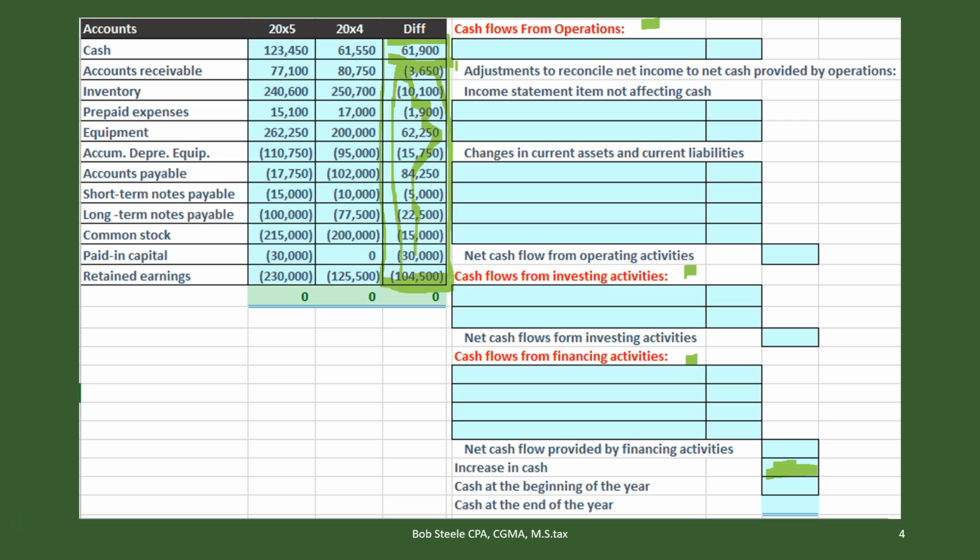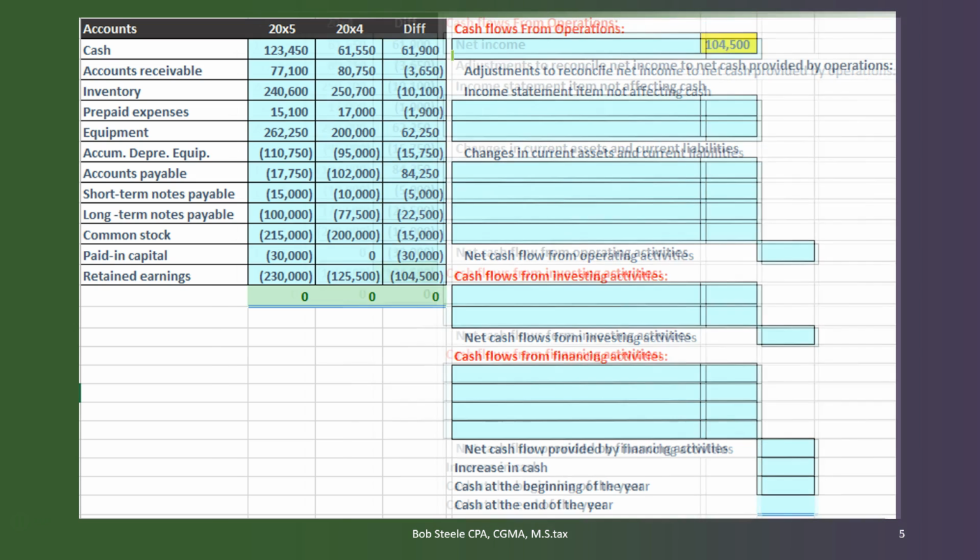We're going to go systematically, one by one, through every change in every account on the balance sheet except cash. And then if we add those up, we will come to the change in cash. That, of course, is our check figure. If that doesn't happen, that's like us not being in balance, and we have a problem. And we're going to set up a system so that we reduce the number of problems that we have as we go through.